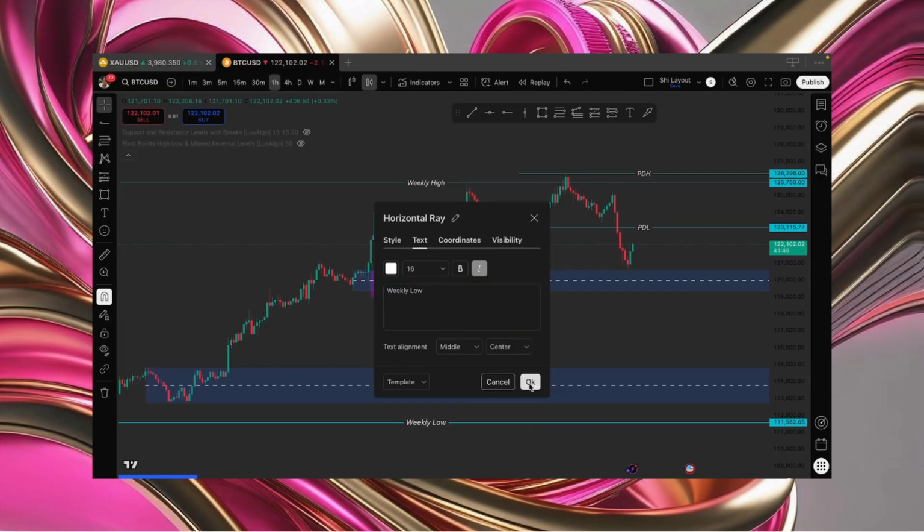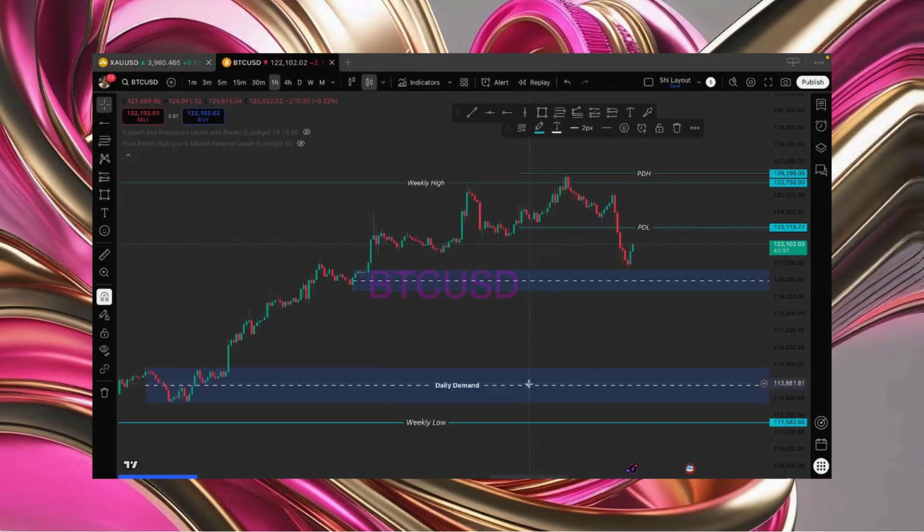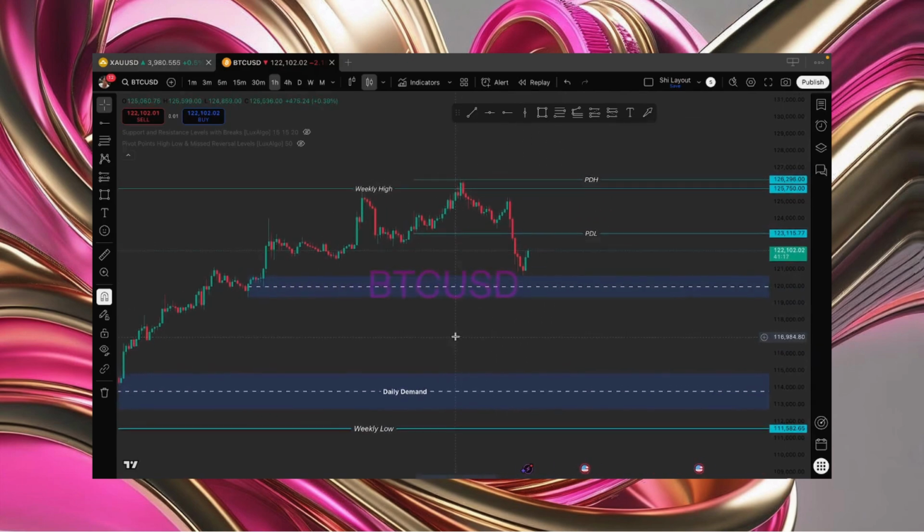Now, based on what I know about order blocks and supply and demand, the weekly candle, this was the low and this was the high. Okay. So I'm automatically knowing that anything within this candle is called internal range liquidity. And if price has traveled there before, guess what? It's going to do it again. Okay.